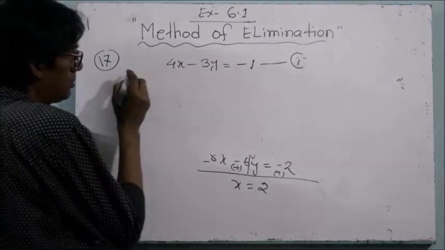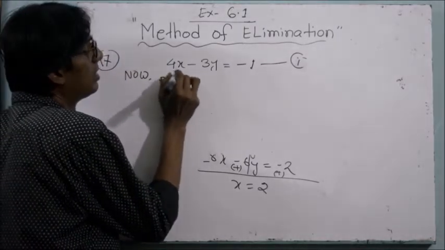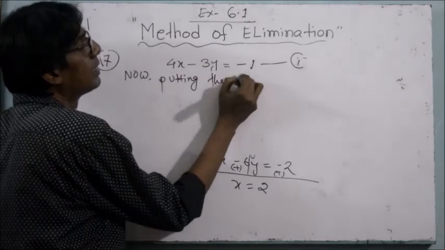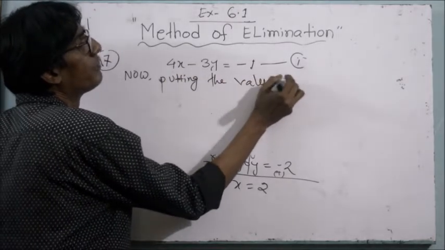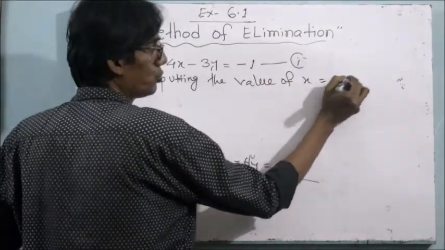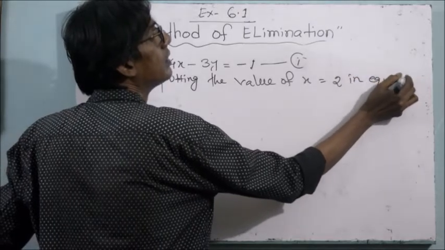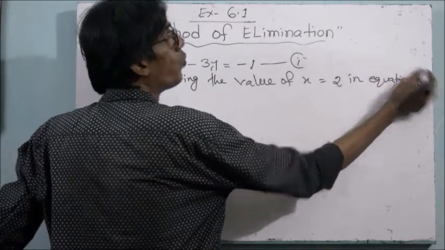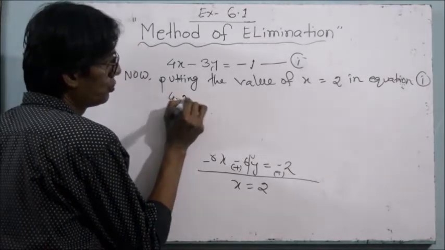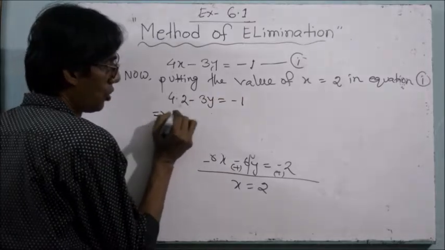Now putting the value of x equal to 2 in equation 1. Okay. So 4 into 2 minus 3y equal to minus 1, or 4 twos are 8.